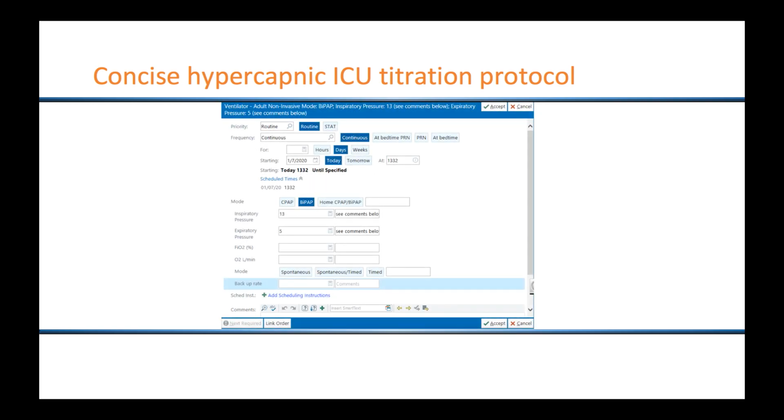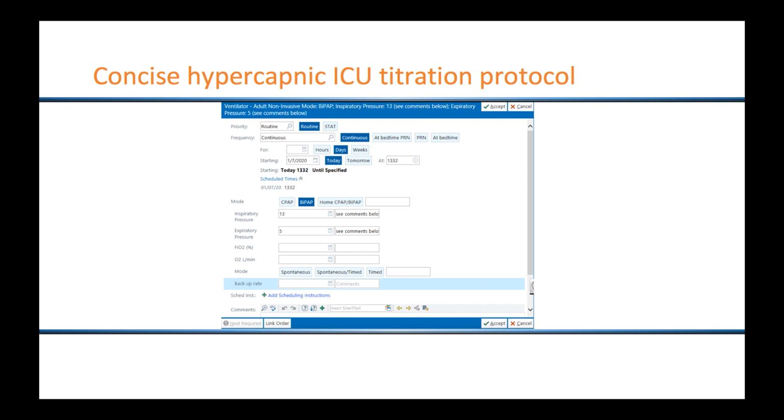This is what the order looks like: ventilator, adult, non-invasive mode. Typically routine. You can select continuous, at bedtime as needed, or at bedtime. We would likely select bedtime. You don't really have to place anything for or starting.